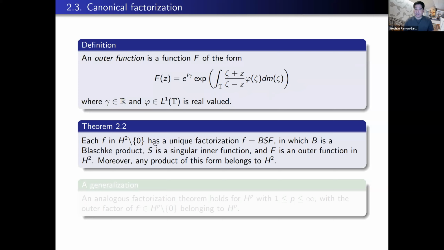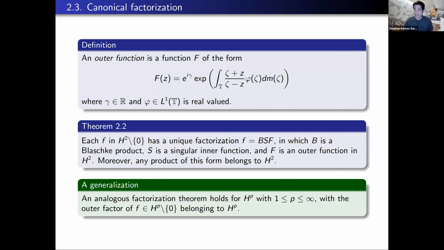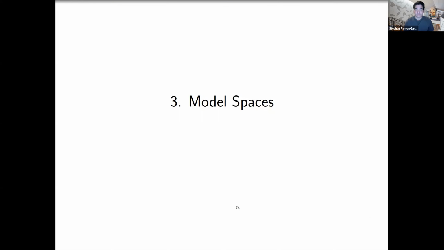A non-zero function in H2 has a unique factorization of the form BSF, where B is a Blaschke product, S is a singular inner function, and F is an outer function, which happens to be in H2. And conversely, any product of things of this form belongs to H2. An analogous factorization holds for HP, where the modification is that the outer factor F belongs to HP instead of H2. So now, with all of that in hand, we can get on to model spaces.